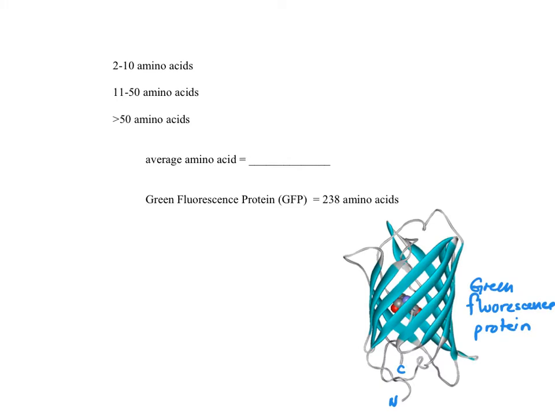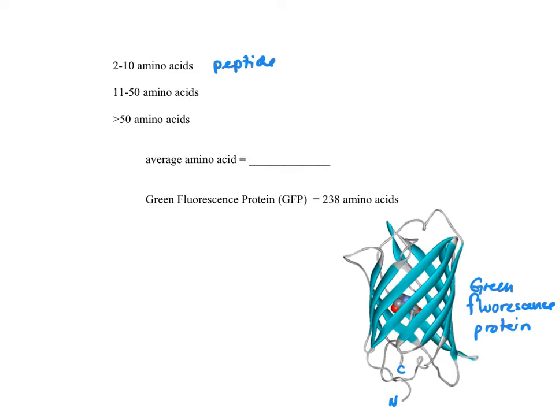So let's bridge, though, from what we saw before, which was organic structures, amino acids and peptides. They had atoms and bonds, and all of a sudden we're looking at this mess. Well, let's back up and talk a little bit about the size. If we take 2, 3, 4, up to 10 amino acids and put them together, that's small enough for us to call that a peptide.